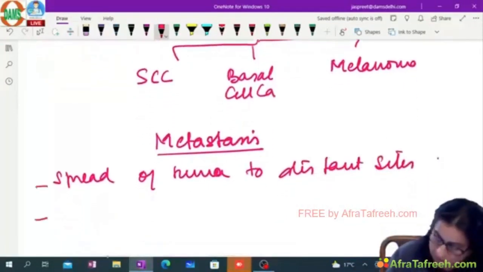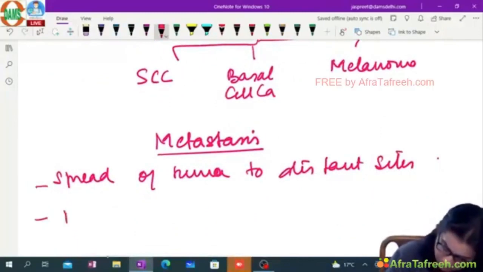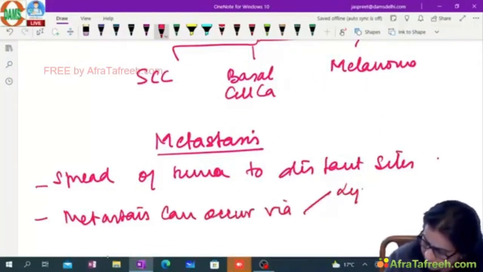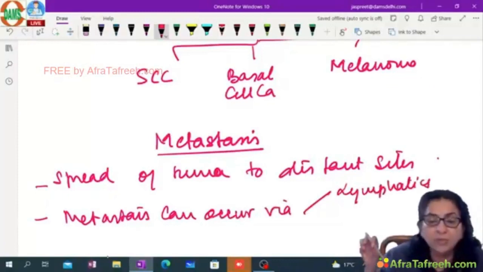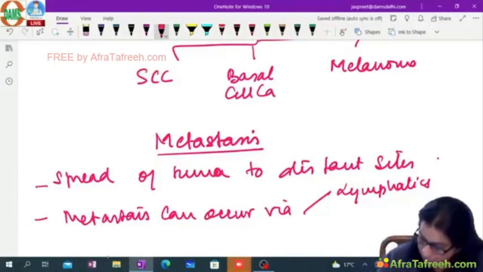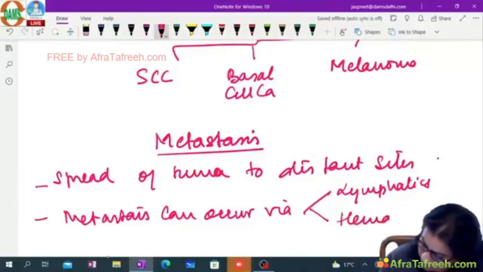Tumors can metastasize via lymphatics. The tumor cells of malignant tumors can invade into lymphatics and then spread, or spread through blood vessels. That is hematogenous spread.